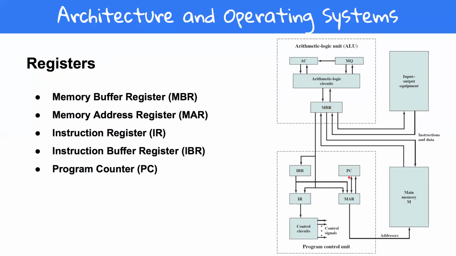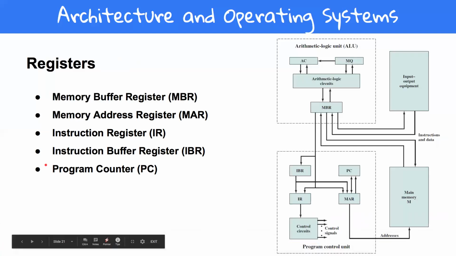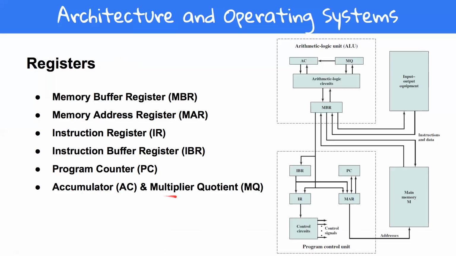The program counter specifies the next instruction that should be fetched or executed, that should be read or done. So it shows the next line of the program that should be done. Accumulator and multiplier quotient: when an operation is undertaken in the ALU, in a circuit, the 40 most significant bits will go inside the AC, and the 40 less significant bits go to the MQ.